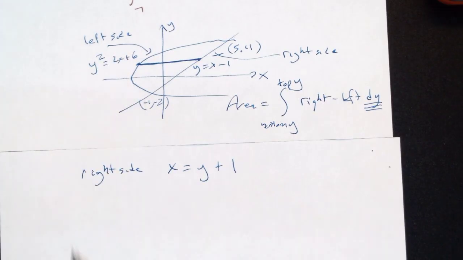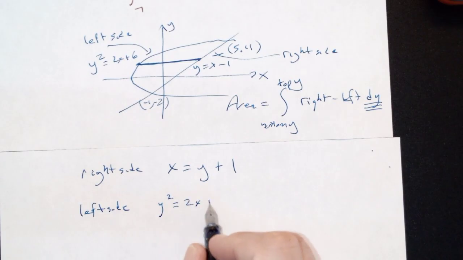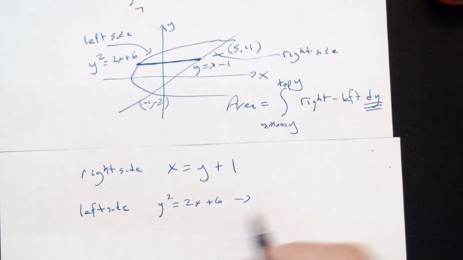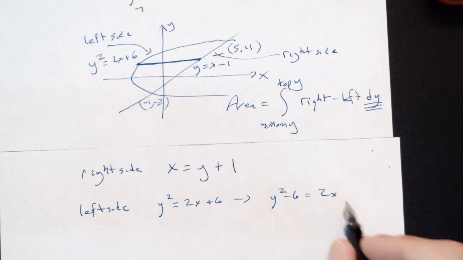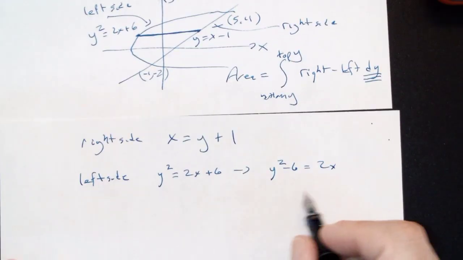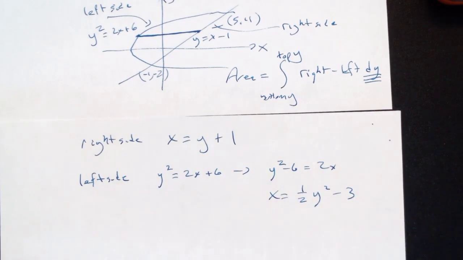And then the left side. All right, well, I start with y squared equals 2x plus 6. I'll move the 6 over. And then I'll divide by 2. And I'll get x equals 1/2 y squared minus 3. And everything's now in terms of y.